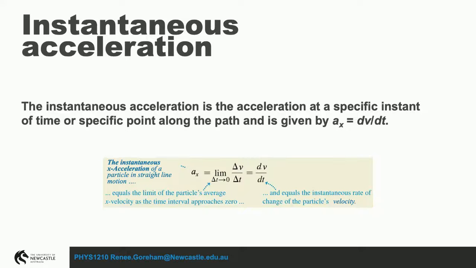So to find the instantaneous acceleration, it's very, very similar. We find the acceleration at an instant of time where we try and approach 0 change in time. So we find the derivative of velocity as a function of time, and we can find the instantaneous acceleration. So let's have a look at an example where we just have constant acceleration.